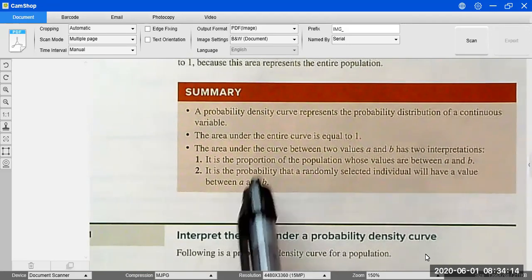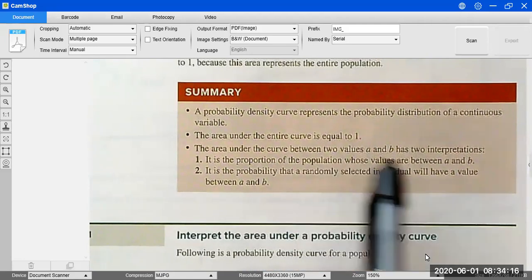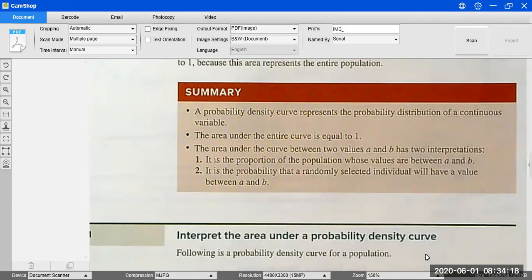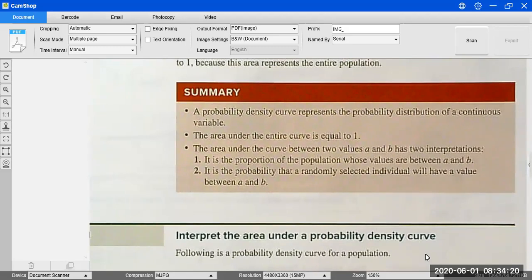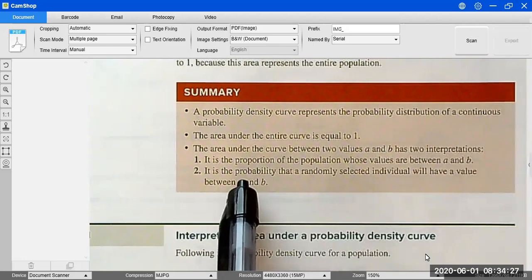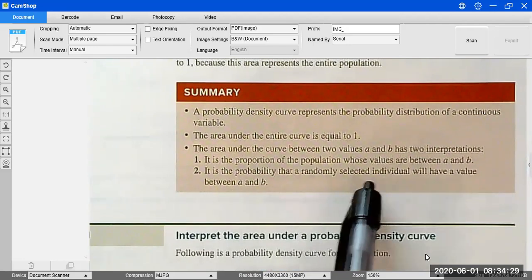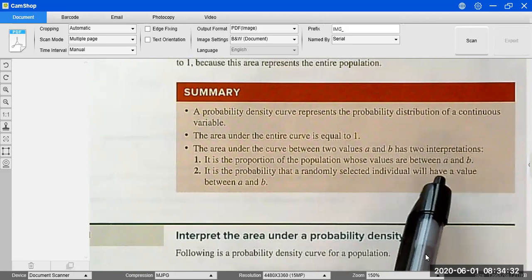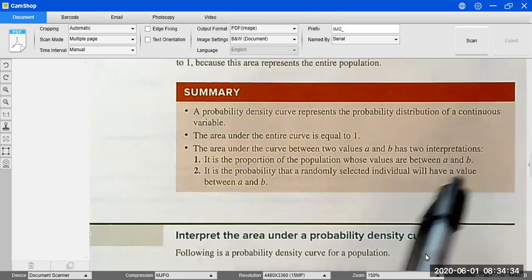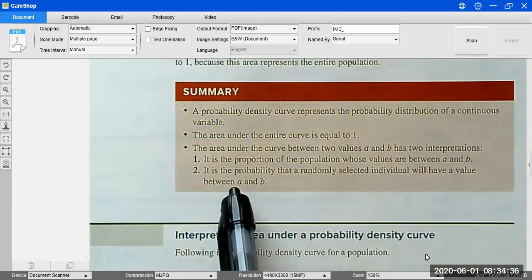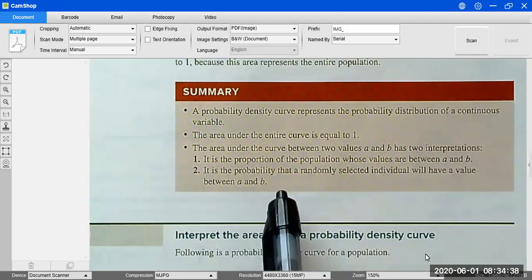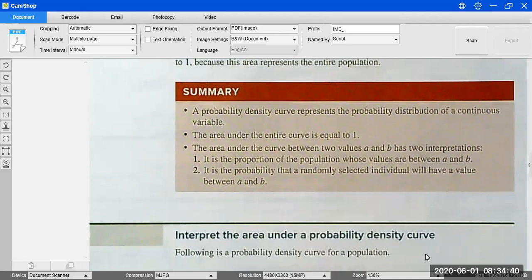Then the area under the curve between two values, A and B, has two interpretations. Anytime you see an area between value A and value B, you can say that it represents the proportion of the population whose values are between A and B. Or the other interpretation is that the probability that a randomly selected individual will have a value between A and B is the area under the curve.